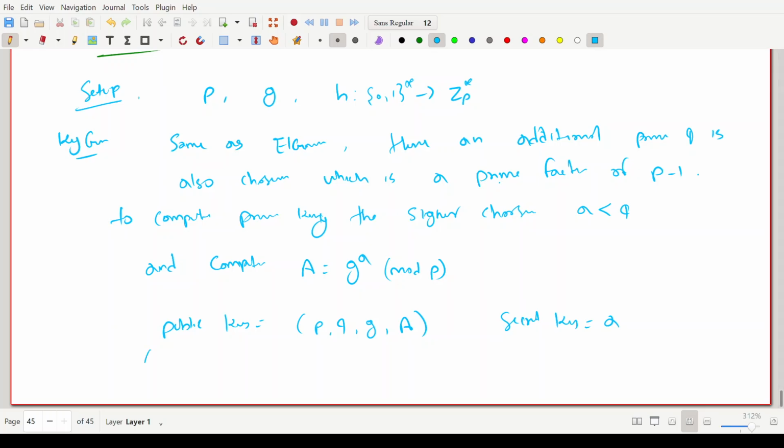As I told you, the public key is the verification key, and the secret key is the signing key. So this is your key generation.